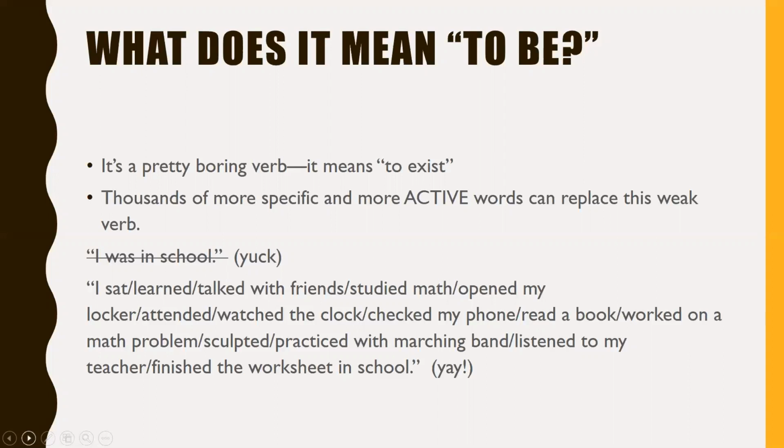You could do all of those things in school. So by simply replacing that weak descriptive word was with a more active verb, you can express and share with your reader specifically what it was you were doing in school.